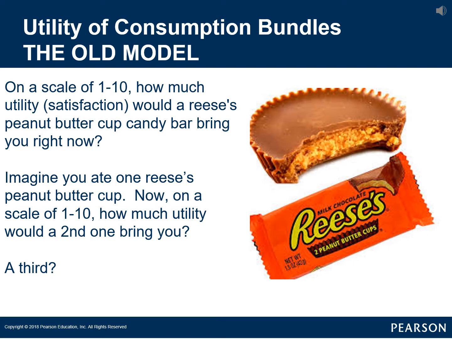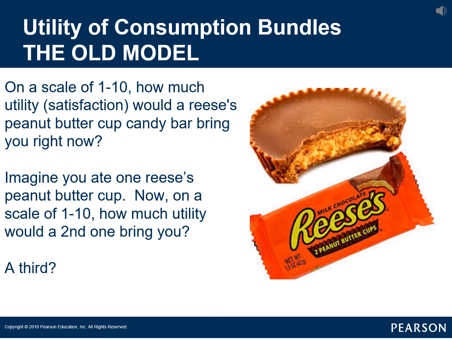And this may decrease from your first one. Maybe the first Reese's peanut butter cup you really, really wanted, so that was a 9 or a 10. The second one, you're feeling pretty full, so it isn't really going to bring you that much more satisfaction, maybe a 5. A third one may bring you 0 satisfaction, or it may even dissatisfy you because you are so full it might make you sick.